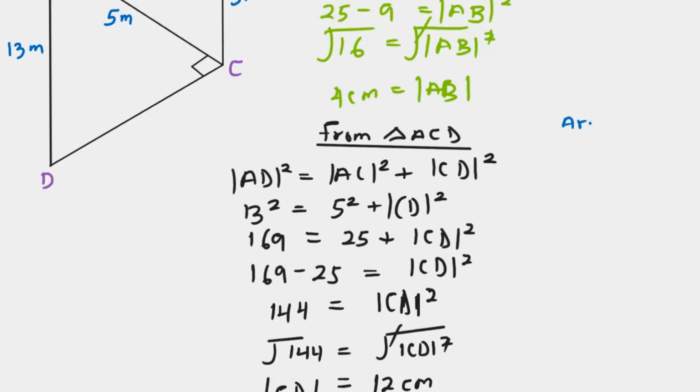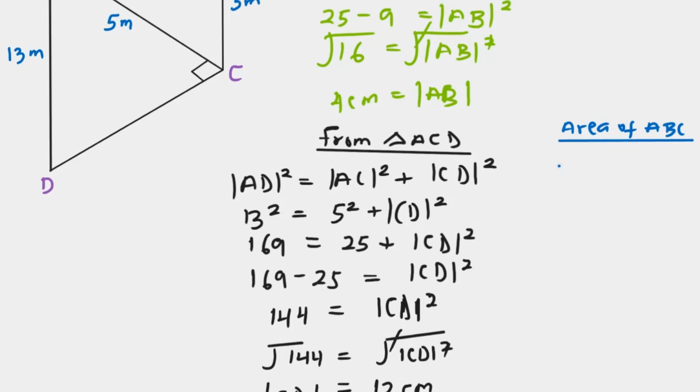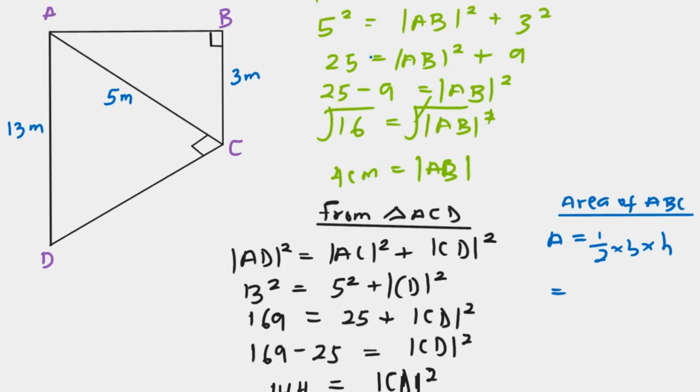So area of ABC. And the area of a triangle has a formula: A equal to half times base times height. So when you get to this triangle, what will be the height, what will be the base?